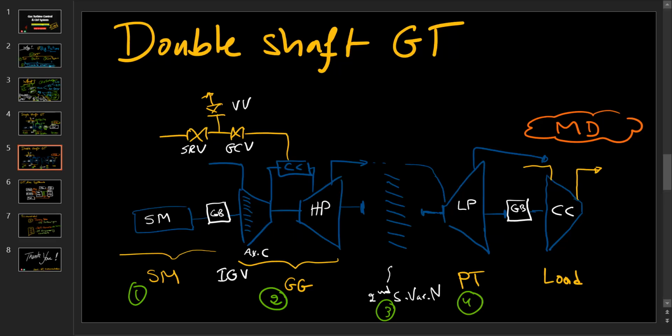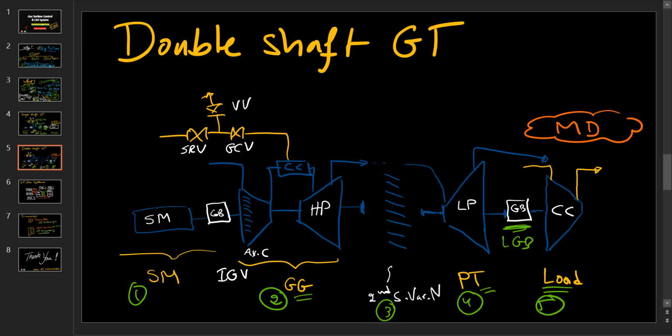This is a double shaft gas turbine, in which we find the GG, the gas generator, and the power turbine. In this application, it is the power turbine that is connected to the load through a gearbox, a load gearbox, LGB.